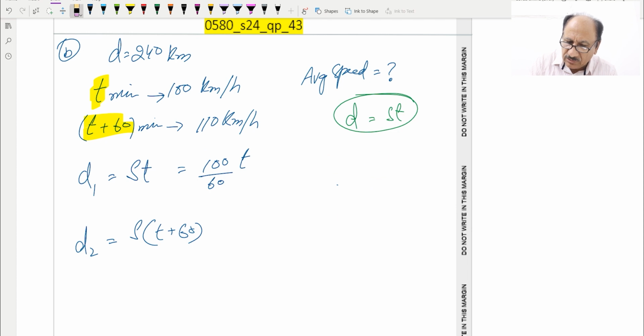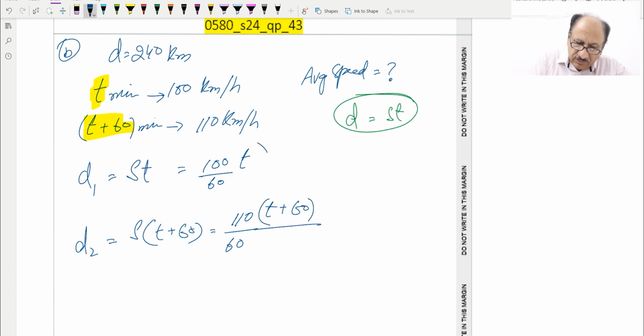I'm just erasing this explanation. Next, for the second one it will be 110 over 60. Again we are dividing this t plus 60 by 60, as I explained over here.